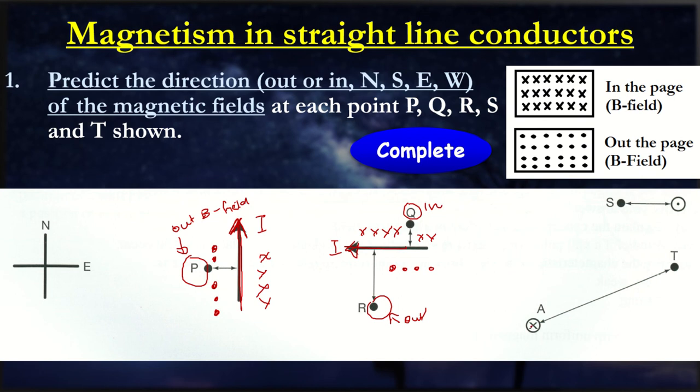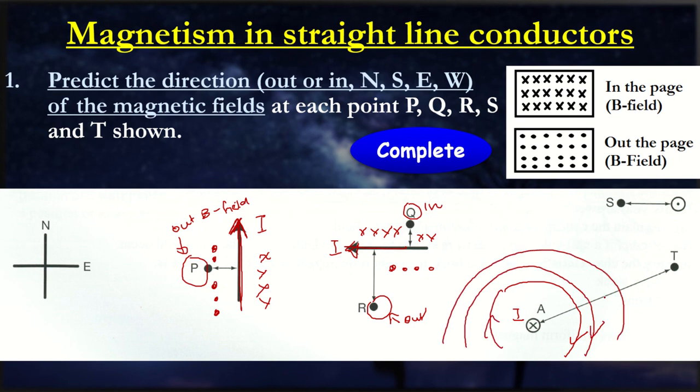If we look at A, our current is going into the page, so my hand is rotating clockwise, and I'll experience a magnetic field that's rotating in this orientation here.